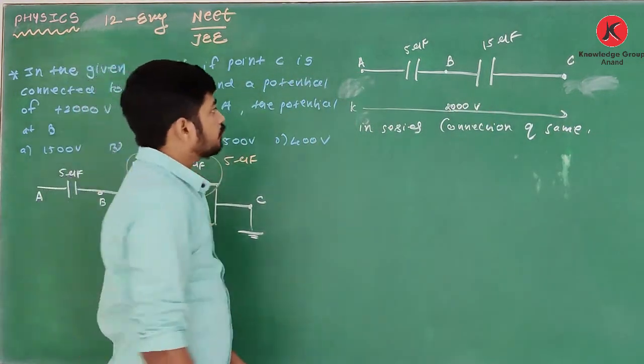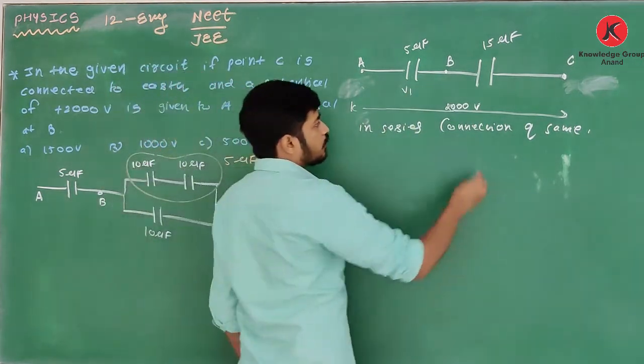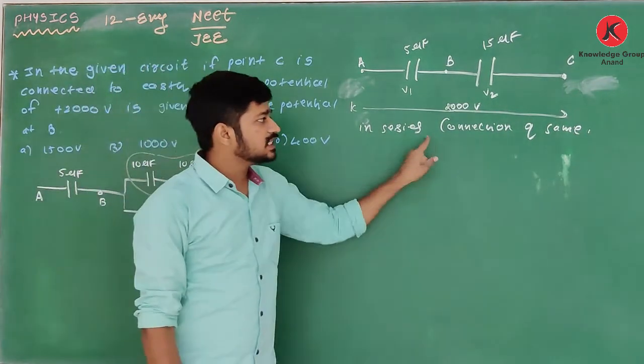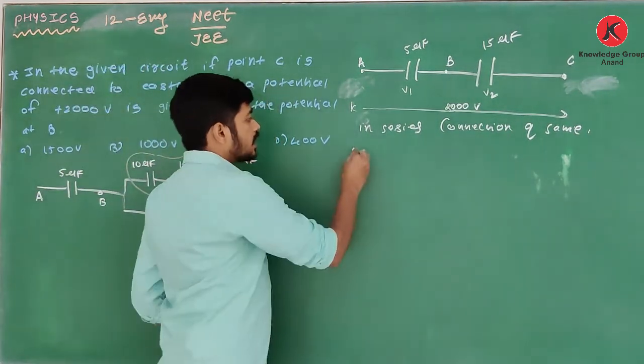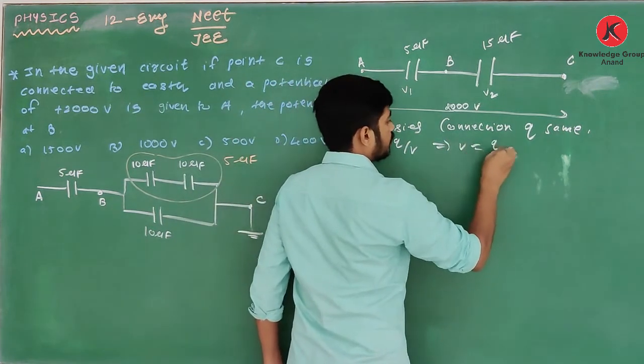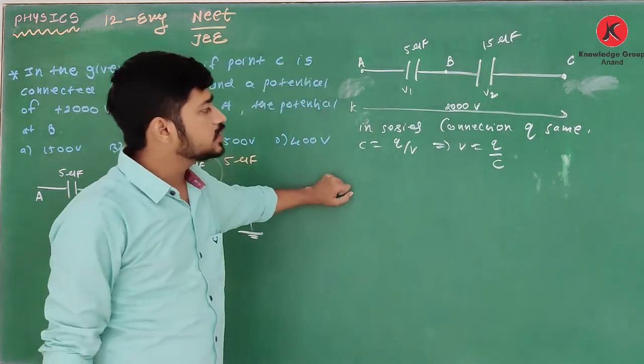Now if potential difference between two ends of first capacitor is V1, and potential difference between two ends of second capacitor is V2, as charge is same, we know one equation, C is equal to Q upon V, or V is equal to Q upon C. So V and C are inversely proportional to each other.